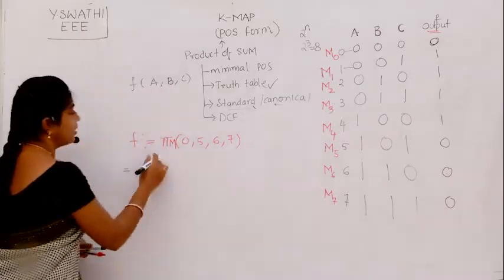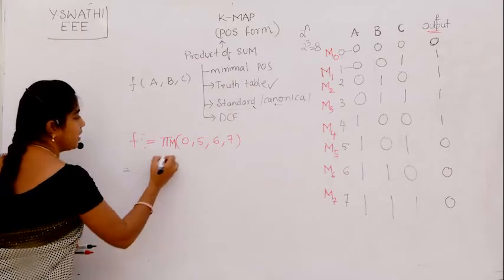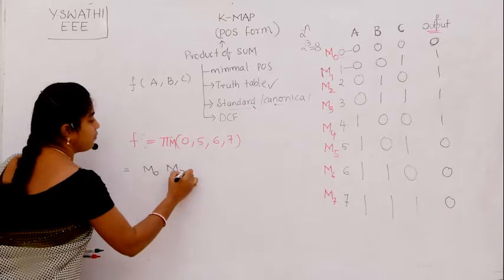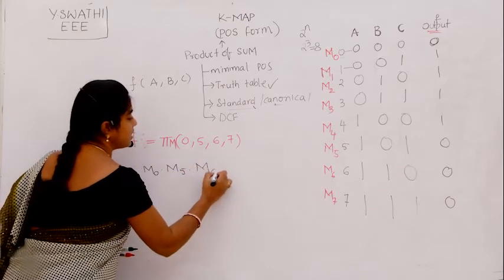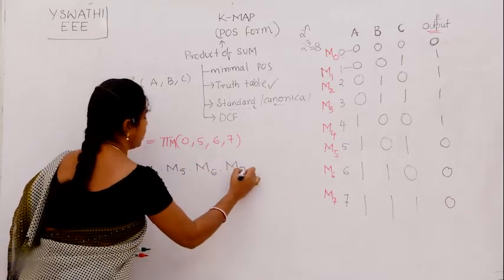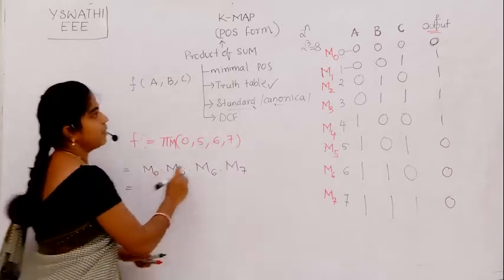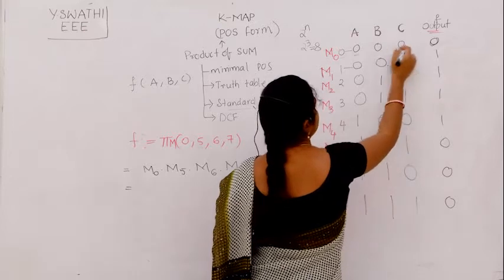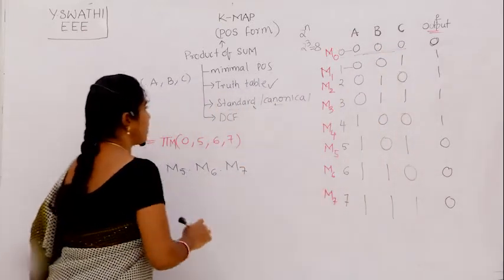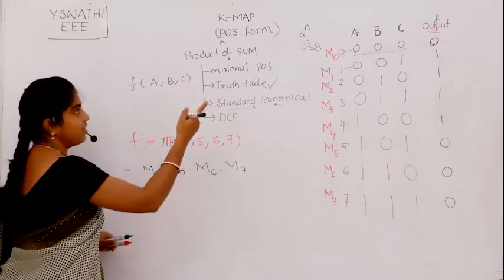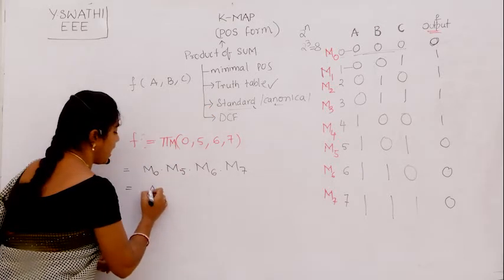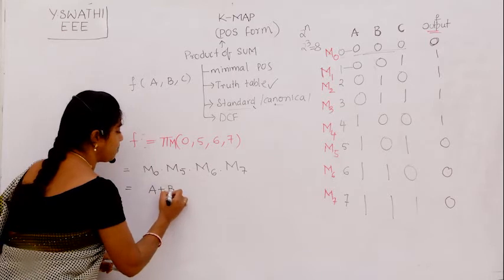So from here we can represent max terms M0, M5, M6, M7, right? M0 is nothing but the combination 0, 0, 0. So this is our max term M0, and I can write that in standard canonical form like this: A plus B plus C.